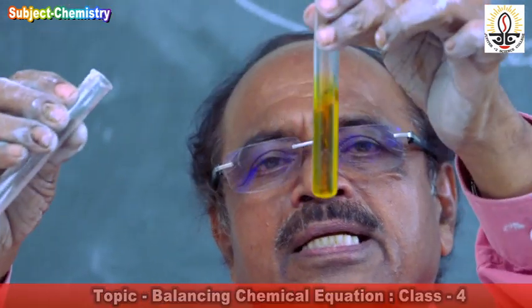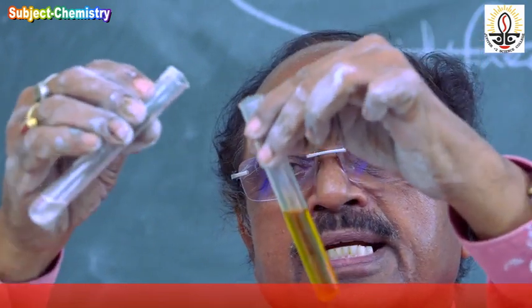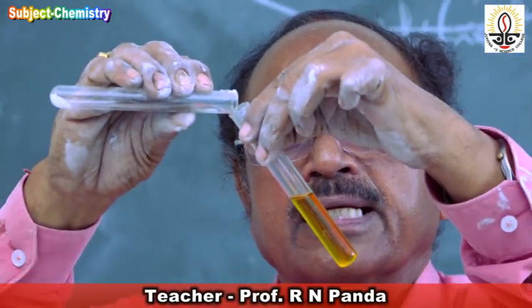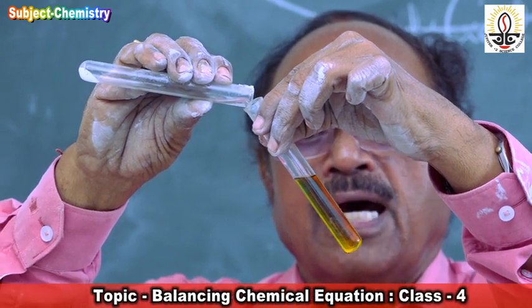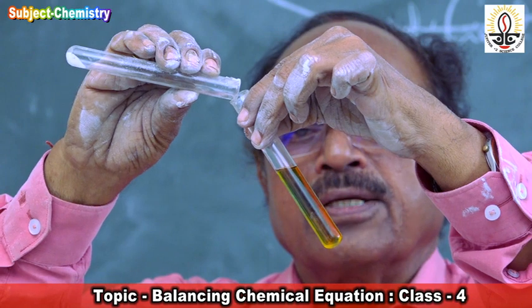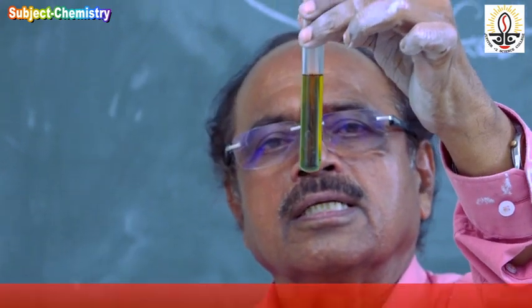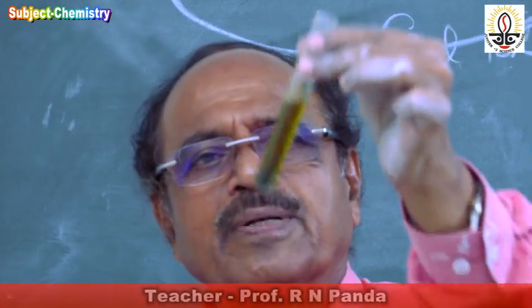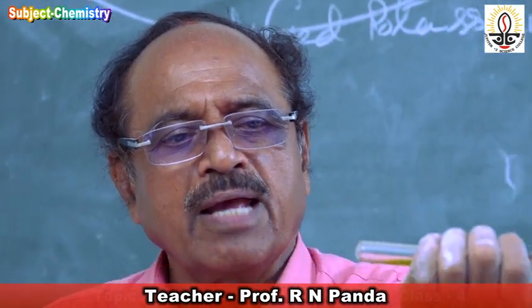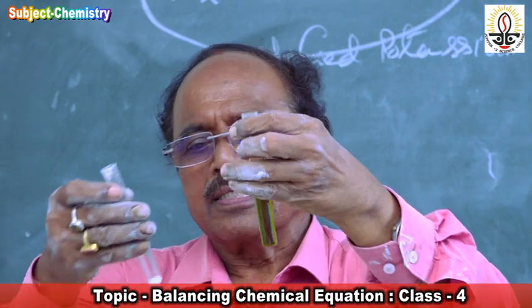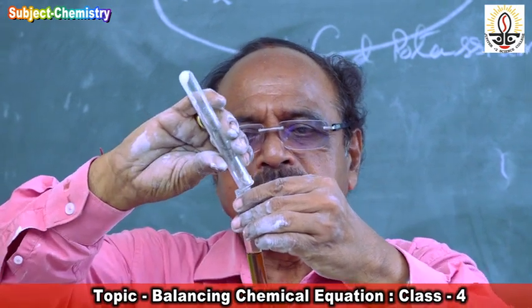Slowly, see the potassium dichromate color is changing. The color is vanishing. Now you see, slowly the orange yellow color is going. So it is becoming what? Green. You see, down here it has already become green. When I allow the reaction to take place, this becomes totally green.